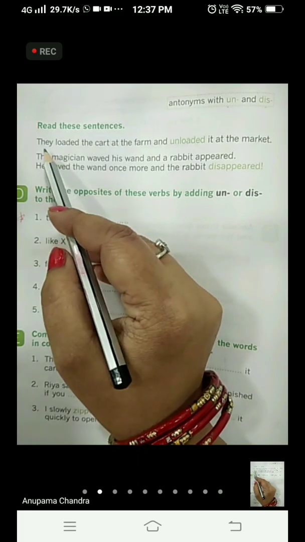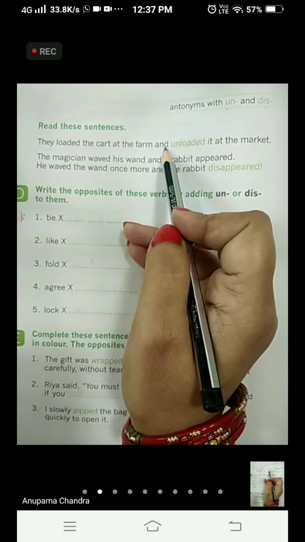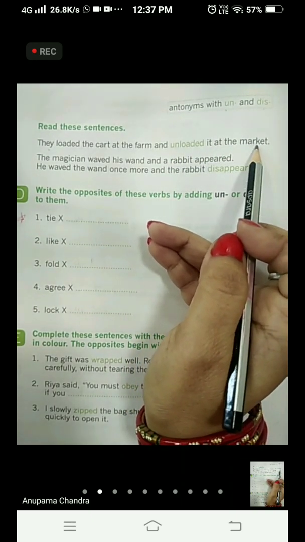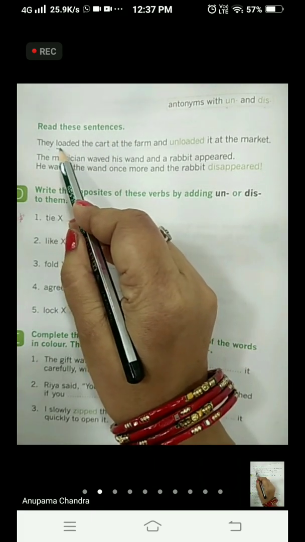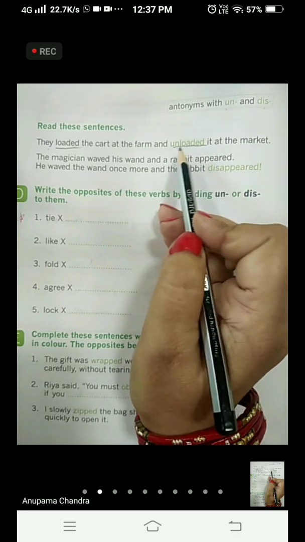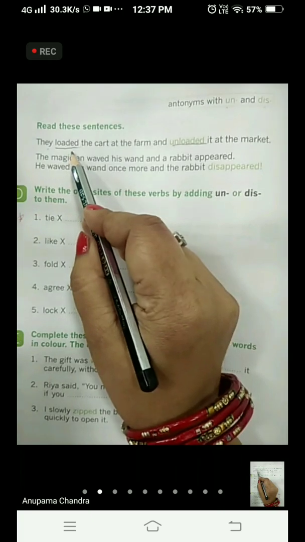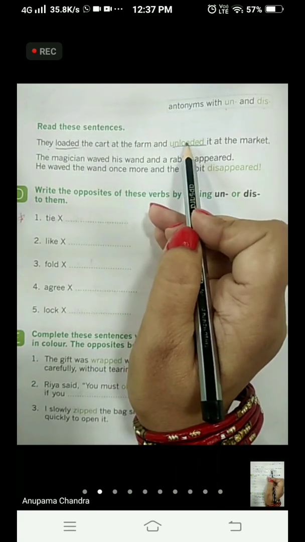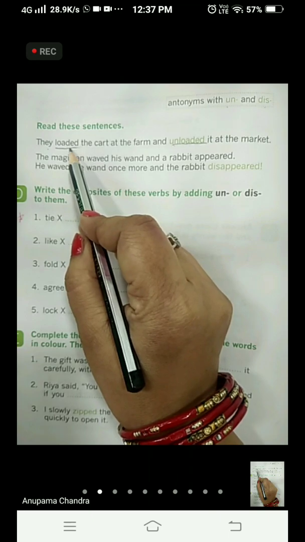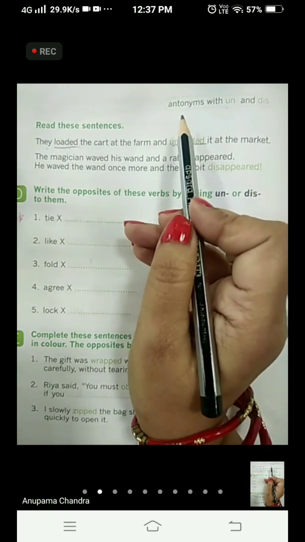For example, this sentence: they loaded the cart at the farm and unloaded it at the market. So can you see the word? Here it is loaded and here it is unloaded. What we have done? We have added un to the word to make the opposite or antonym for this word. That is, the meaning of this word is completely different. That is the reverse. Okay?